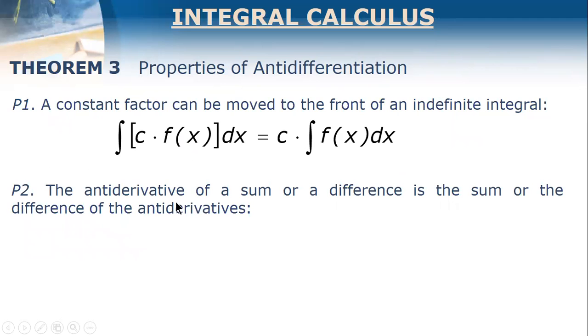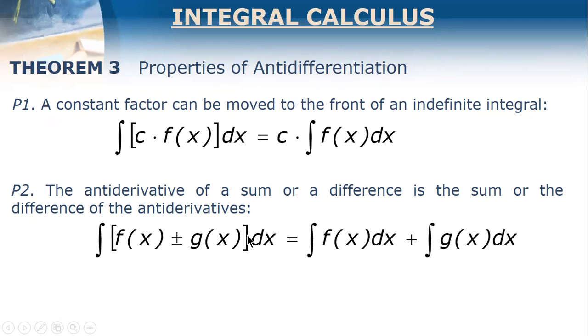Property number 2, the antiderivative of a sum or a difference is the sum or the difference of the antiderivatives. Such as this, plus or minus. So you have two functions, f of x and g of x.